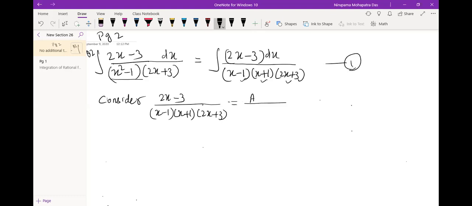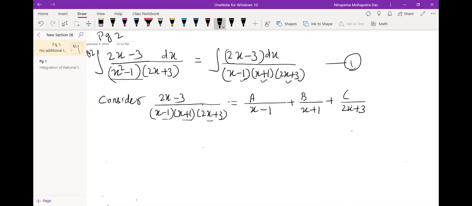So a by x minus 1 plus b by x plus 1 plus c by 2x plus 3. As many factors, that many constants. You observe this: the denominator is linear, the numerator is constant. So a, b, c are constants. We have to find them.